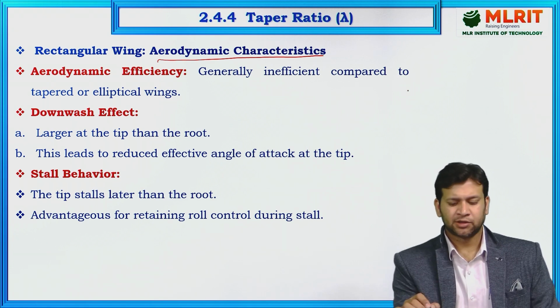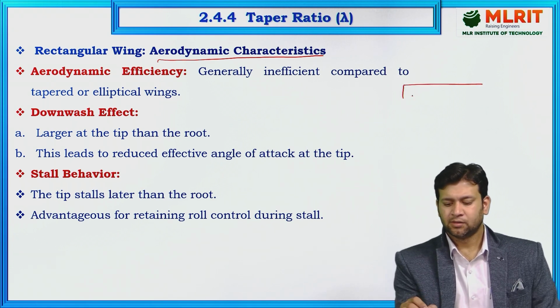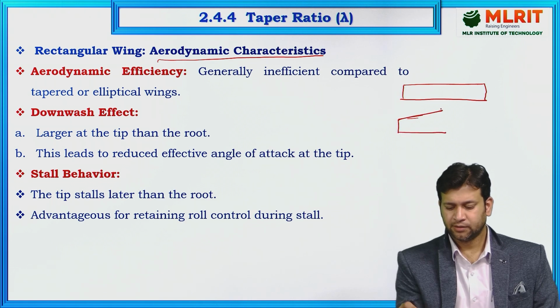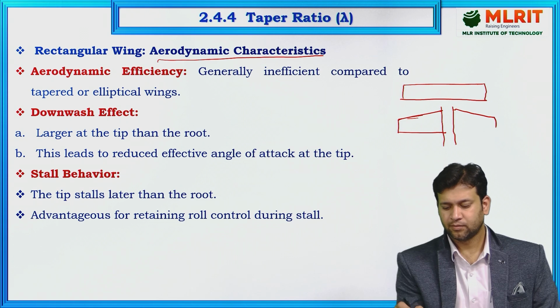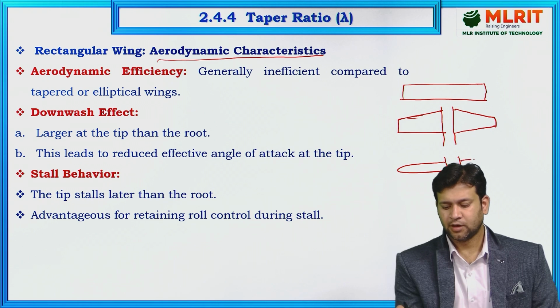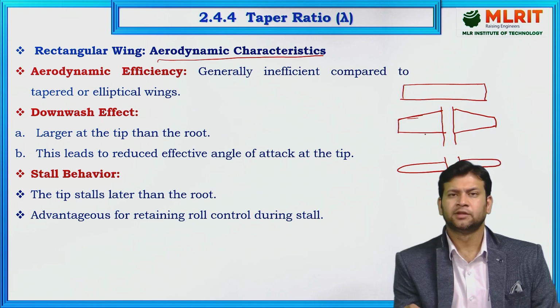When we compare this wing, this is the rectangular wing and this is the tapered wing, and then we have elliptical wings. These are the three things.